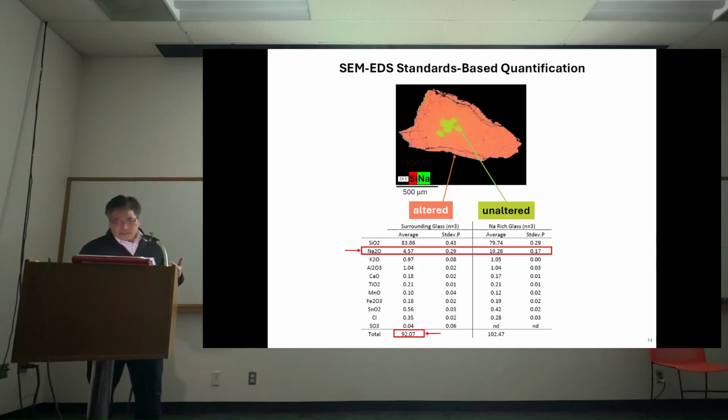So we can confirm that the surrounding orange, visualized silicon-rich region of like 83% silica and 4% sodium is the altered glass, and the unaltered glass is the center here, roughly 80% silica, 19% sodium glass. And there's not much of anything else in there.